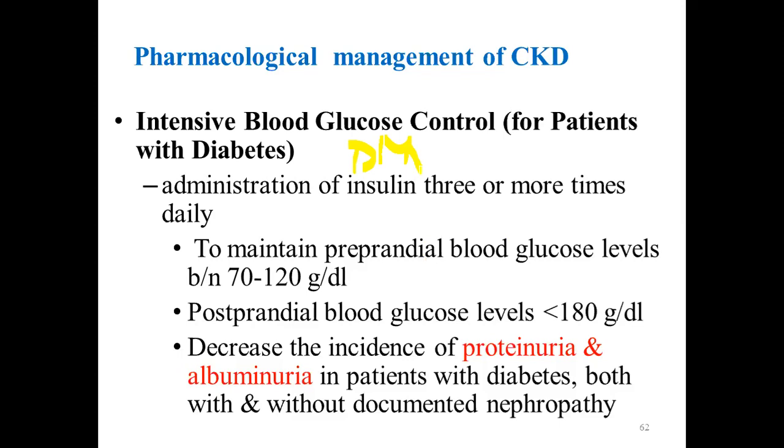So if a patient has DM plus CKD, optimum blood sugar control is very important. As I mentioned before, high sugar level binds with protein and produces advanced glycosylation products that have the potential to damage the glomerulus of the kidney. Because of this, we need to have optimum sugar level even in diabetic patients.